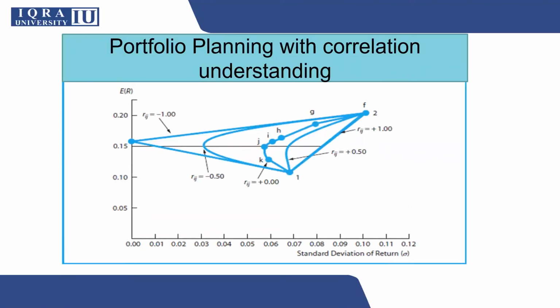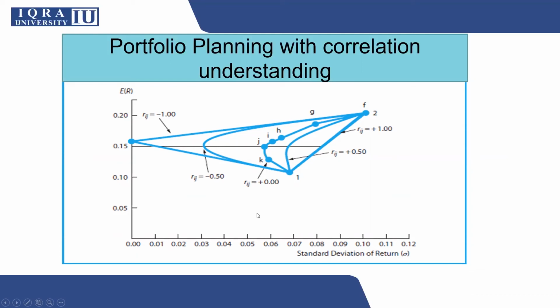This is a graphical presentation of how correlation will work. If you have a correlation of +1, your security return might be over here, and you can see that the standard deviation that you are facing will be around 0.06 and the return will be below 0.15.